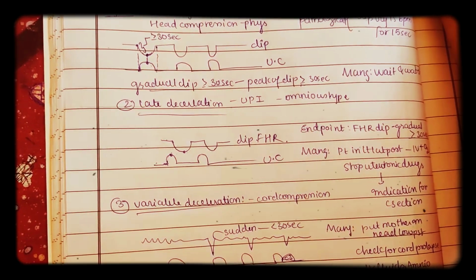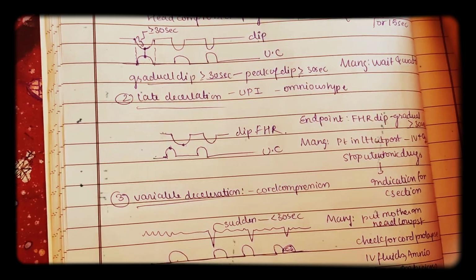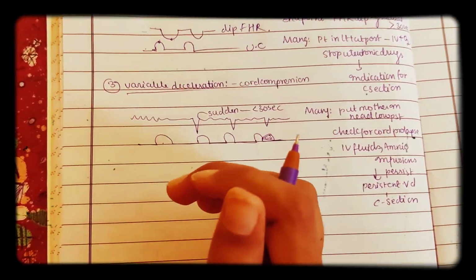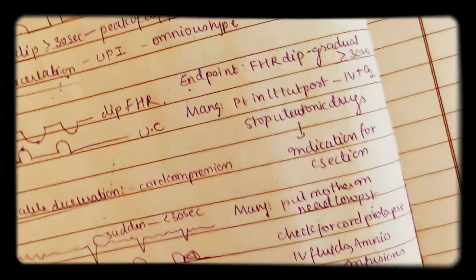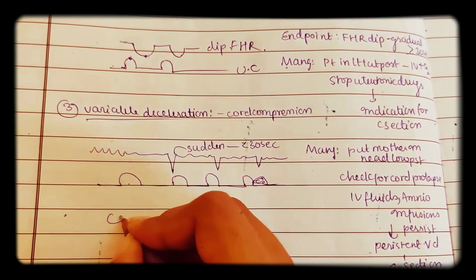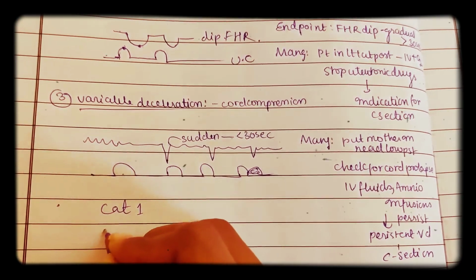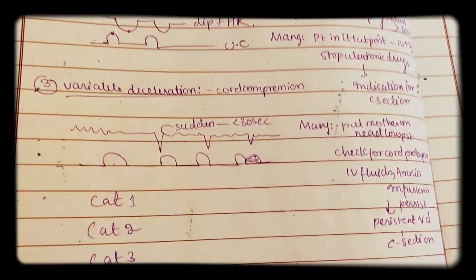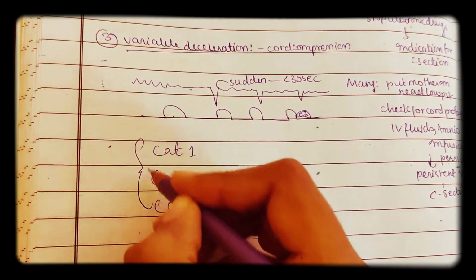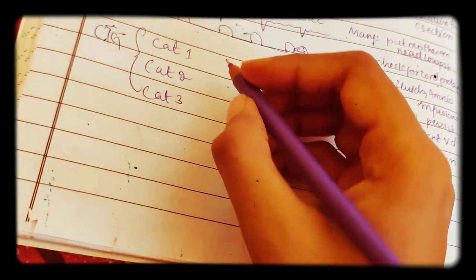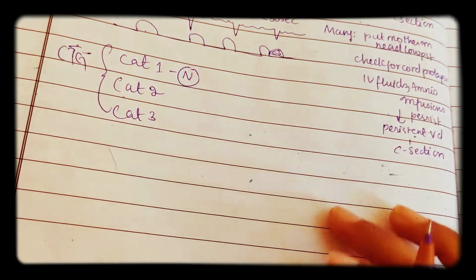Okay, so now coming to classification of the CTG tracings. They are divided into mainly 3 categories. The first one is category 1, the second one is category 2, the third one is category 3. So what are these categories for? We are discussing CTG scan. Category 1 is normal. All the levels will be normal.